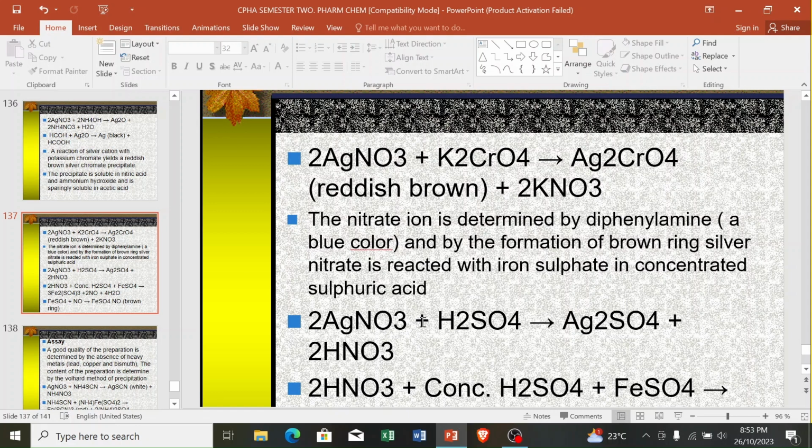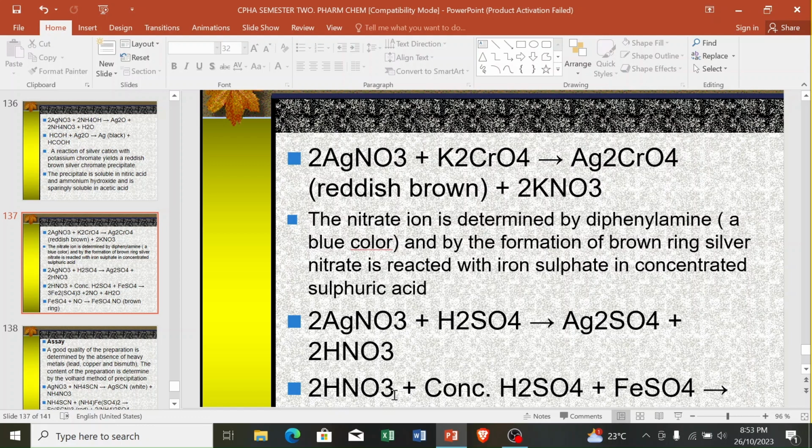We react silver nitrate in the presence of sulfuric acid to give us silver sulfate and nitric acid. However, this nitric acid formed in solution, we are going to slant our test tube. When we slant it, we add in drops concentrated sulfuric acid.